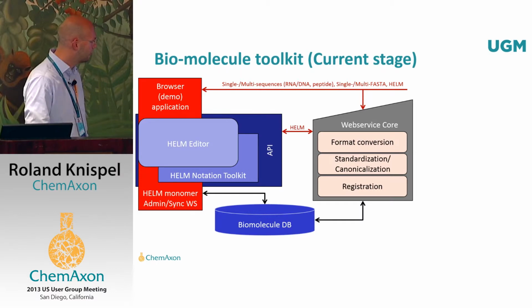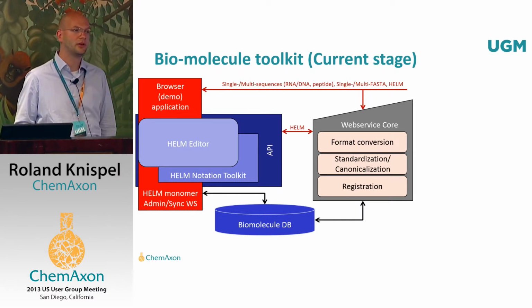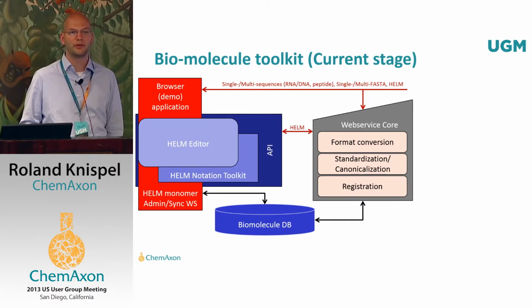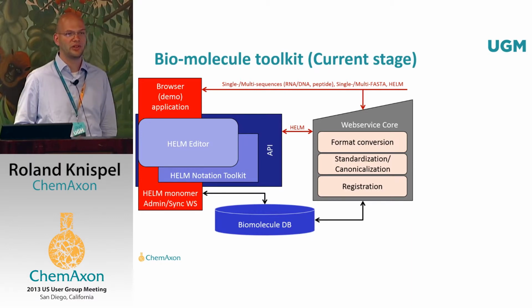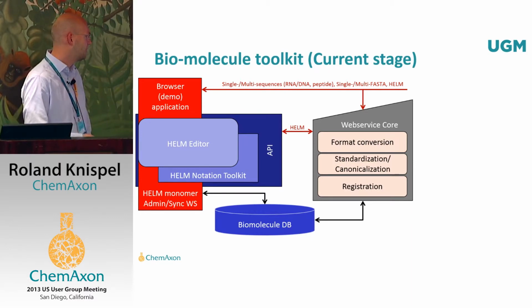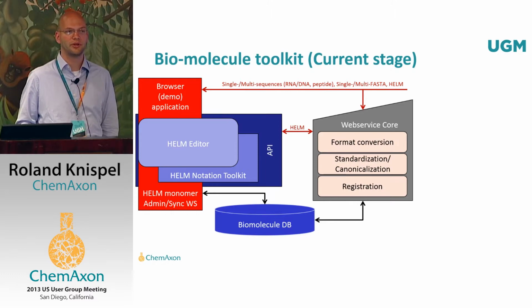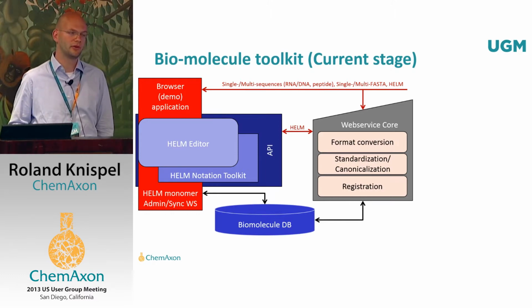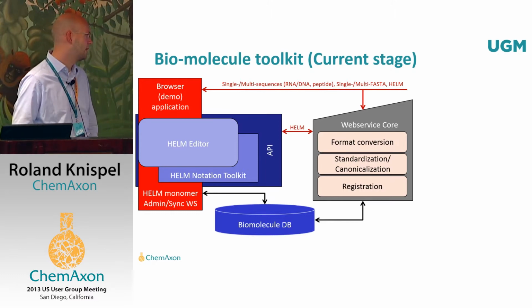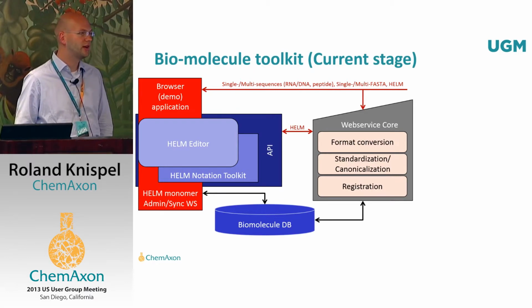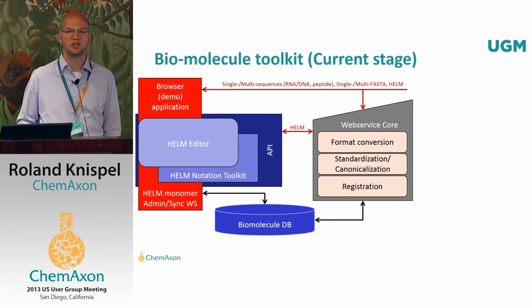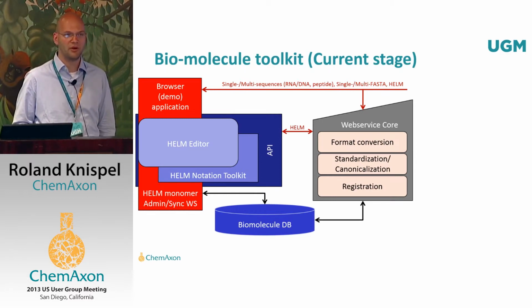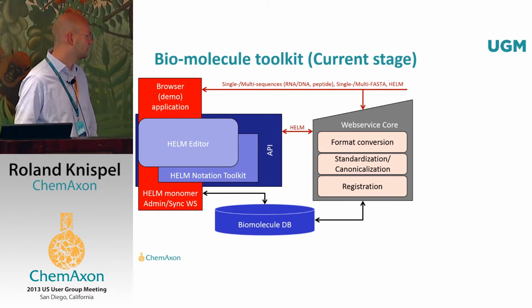Both of these tools: a HELM notation toolkit, essentially bundling all functions relevant for handling the representation layer, and then the HELM editor, which essentially is just a graphical user interface working on this notation. Both come with an API. And we have decided to build a registration web service layer around this HELM notation toolkit.